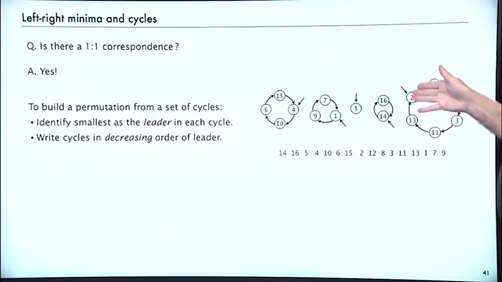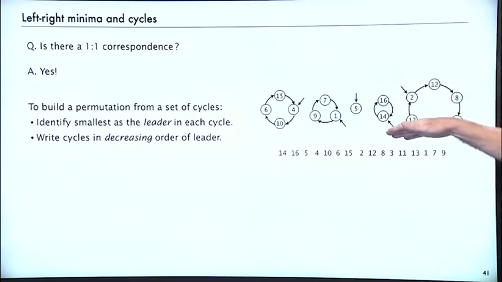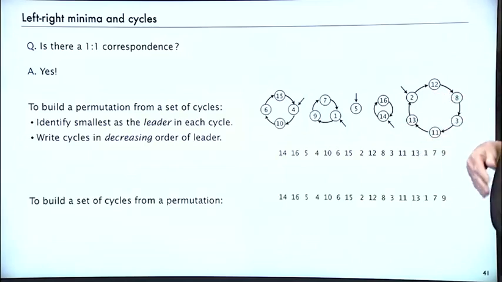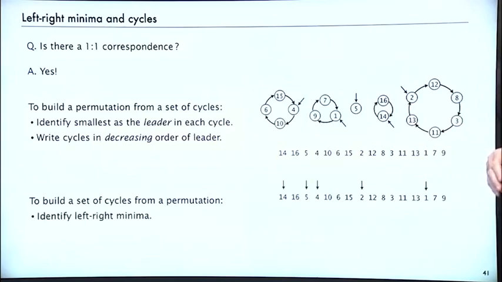And so I said it was unique, and that means we can use a corresponding process to get a set of cycles corresponding to any permutation. What's the set of cycles corresponding to this permutation? So we're given the permutation. What we do is identify the left to right minima. Those are the leaders.